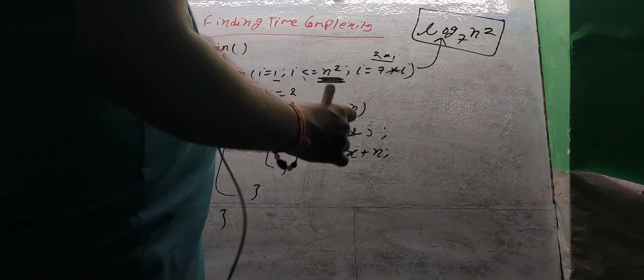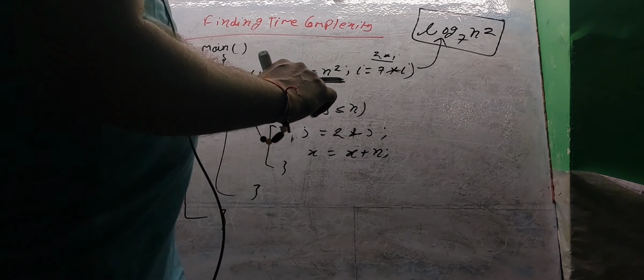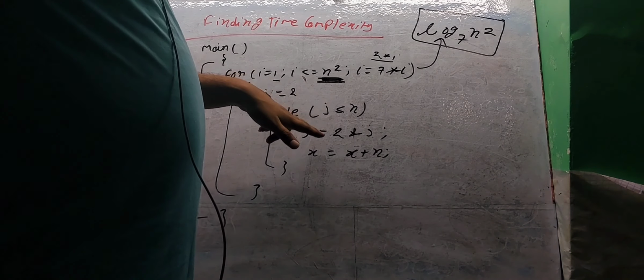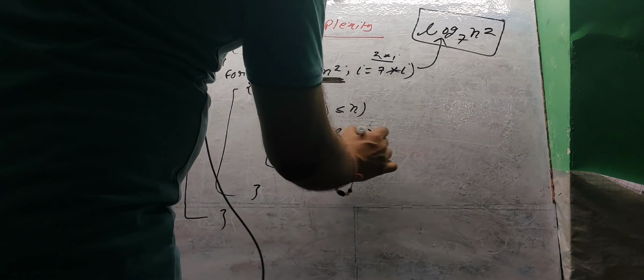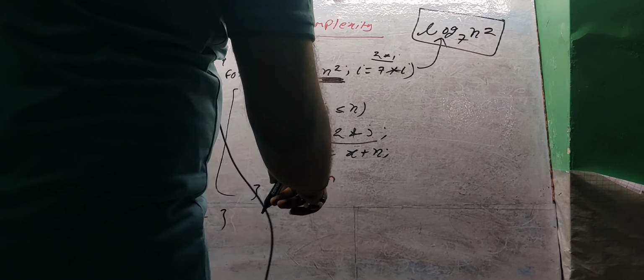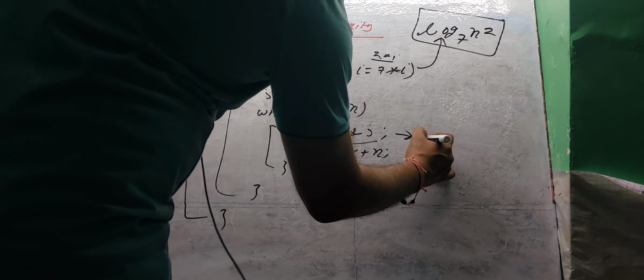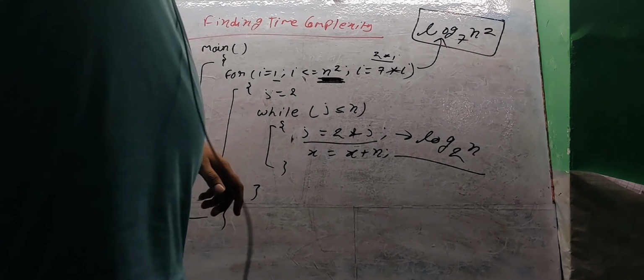Okay, now consider this problem. For each i value, j will be run. Here j is incremented by every time multiply by 2. So its time complexity will be log n base 2.